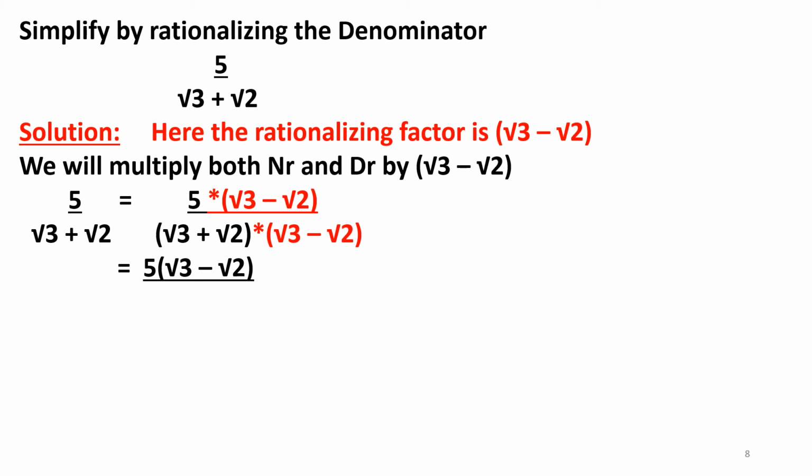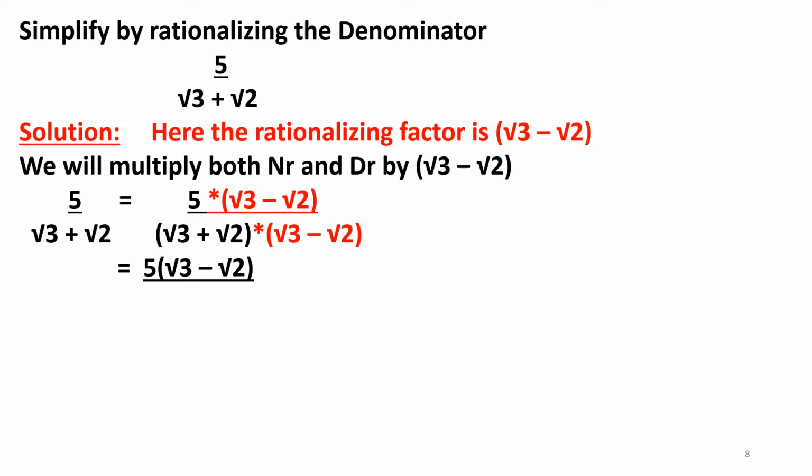Here comes a problem. In the denominator, root 3 plus root 2 into root 3 minus root 2. Can you remember some formula? This is in the format a plus b into a minus b. See both the brackets, both the a and b. A is root 3, b is root 2.